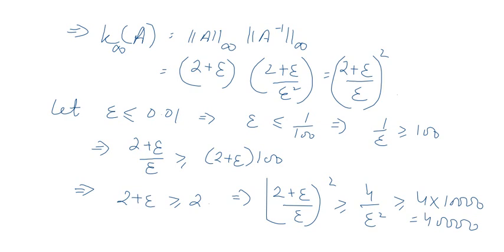So k infinity of A, the condition number for epsilon less than or equal to 0.01, is huge, more than 40,000. So the corresponding matrix system will be ill conditioned. It cannot be said to be of moderate size.